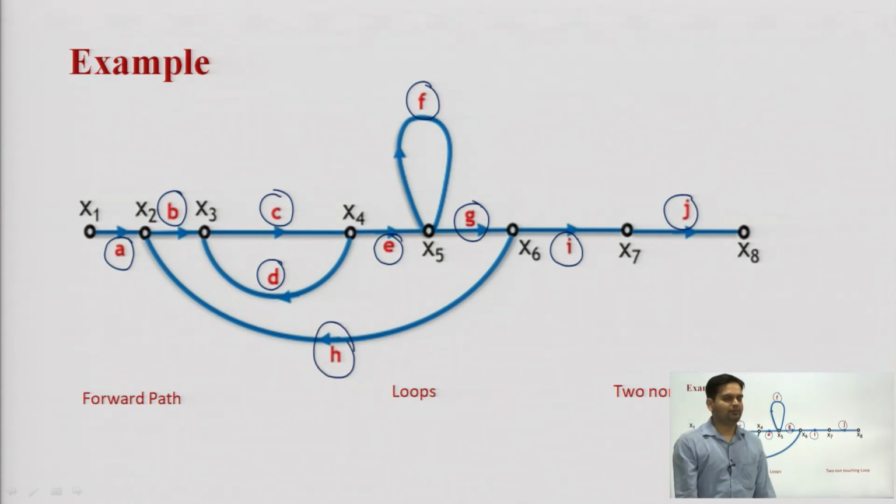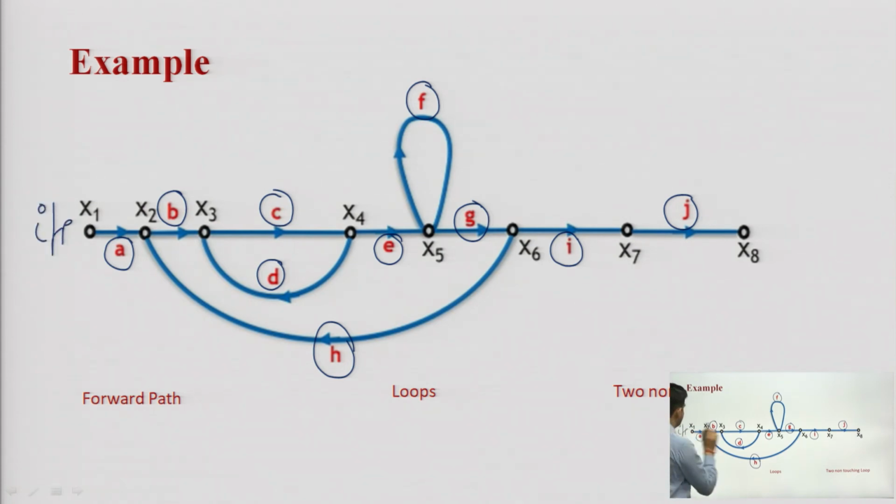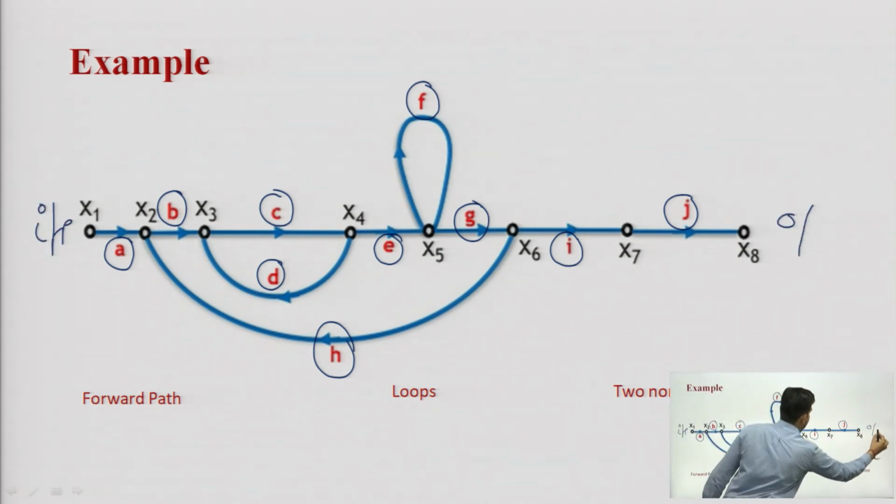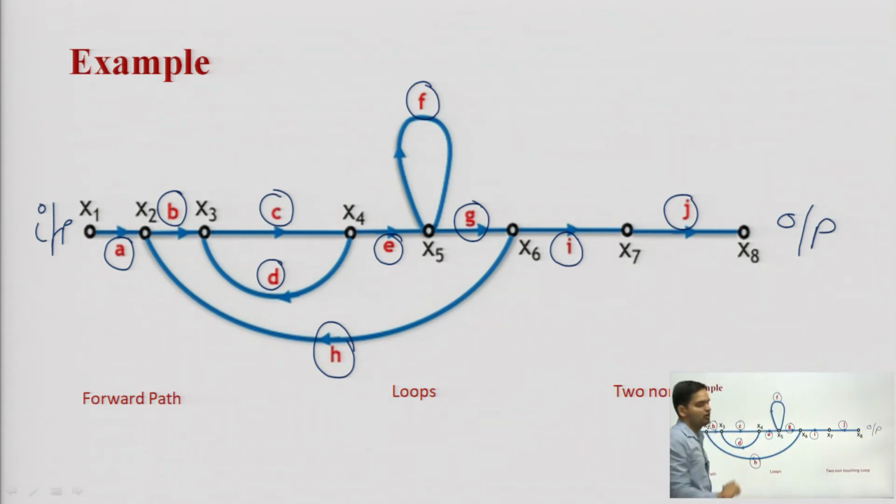Now, what would be the forward path? This would be my input, this would be my output, and I have to seek the number of forward paths, keeping in mind that no node should repeat in the calculation of a forward path, right.